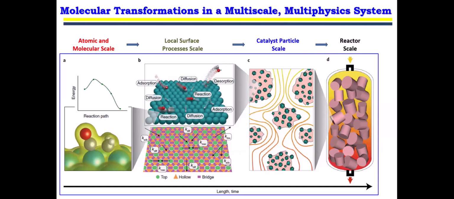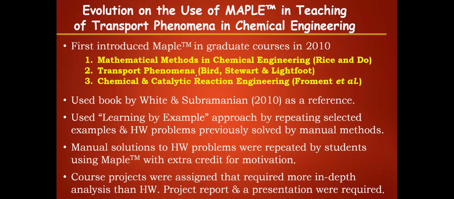That device could contain 10 to 15,000 25 millimeter tubes that are 10 to 20 millimeters in length. And in that we have a multitude of multiphysics occurring. So understanding the subject is very important to be able to do that.